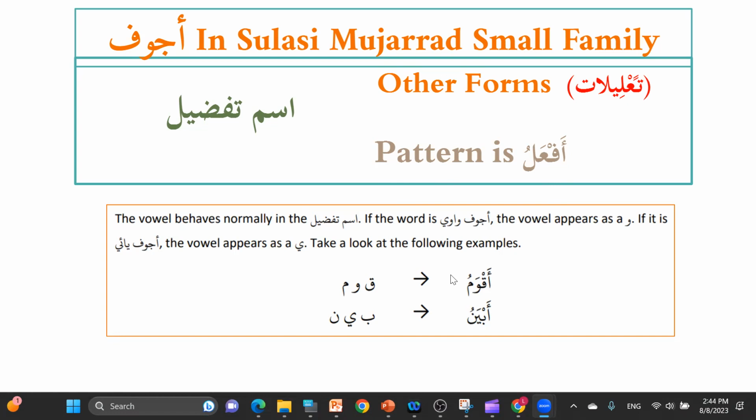Here in Ajwaf, the pattern remains the same, and the weak letter is considered normal in ism tafdil. So qama yaqumu, aqwamu; bana yabinu, abyanu. So it is normal. There are no irregularities in ism tafdil. Though there is a weak letter in between, it is considered normal.